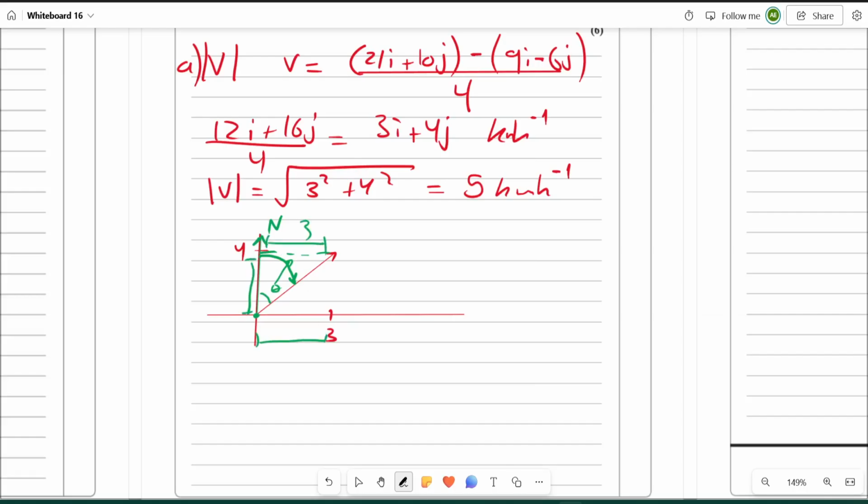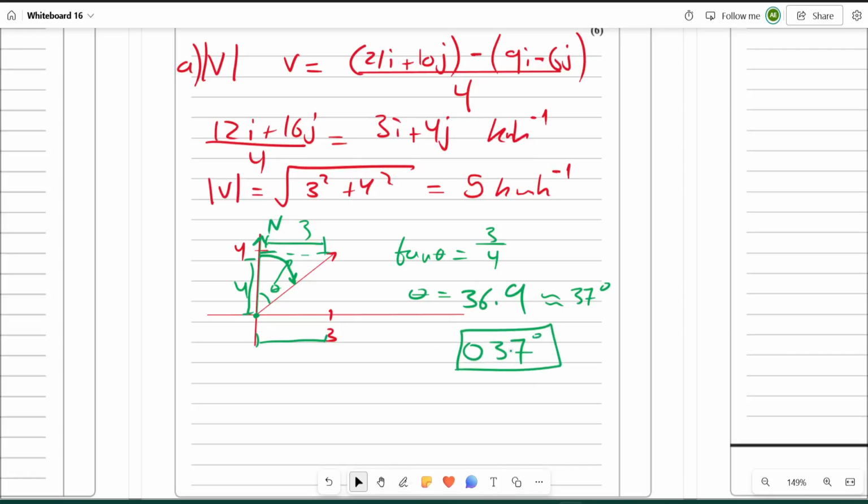The adjacent is going to be 4. So tan theta equals opposite over adjacent. Theta is going to equal shift tan, or tan inverse of 3 over 4. That's going to equal 36.9, or basically rounded to 37 degrees. So my bearing is going to be 037. That is my answer for the bearing.